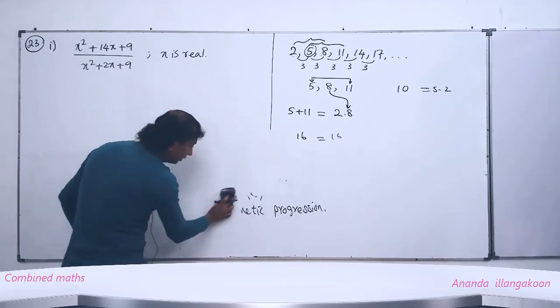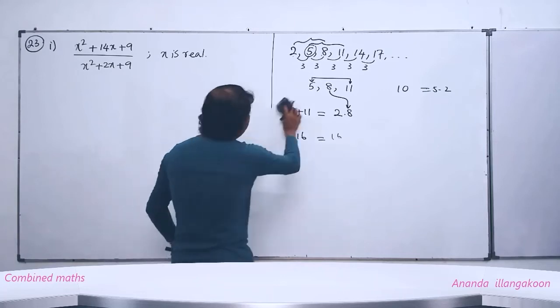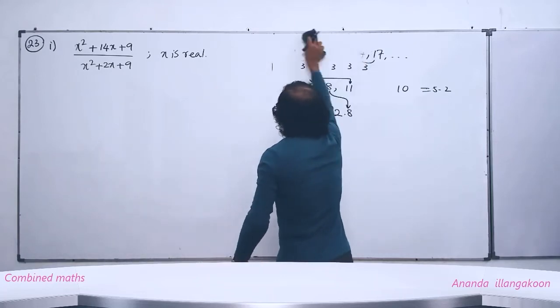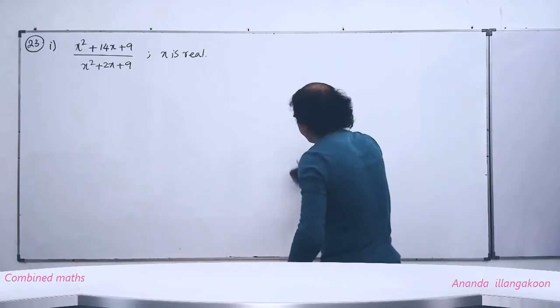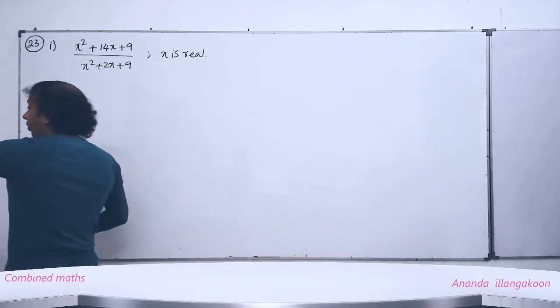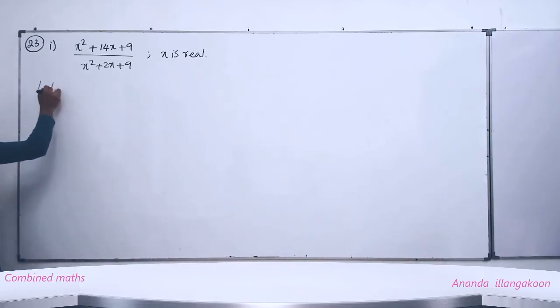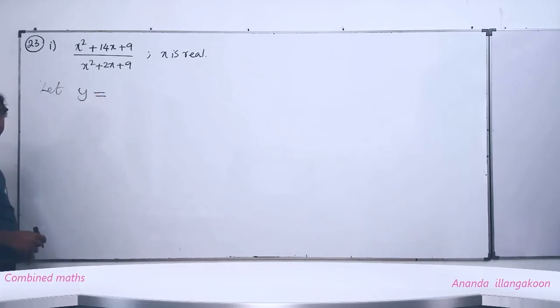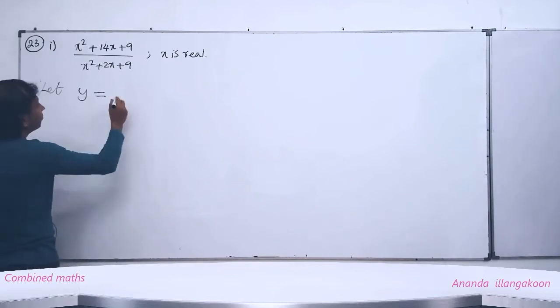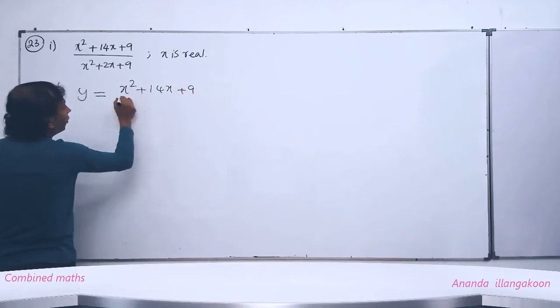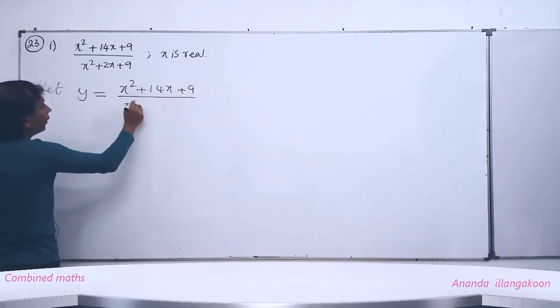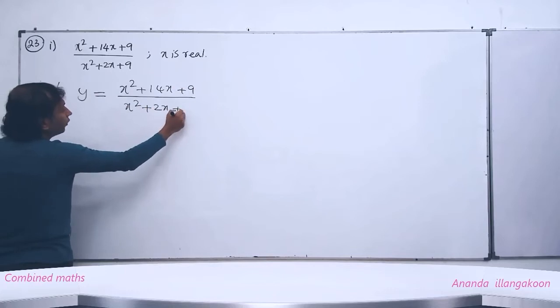Y is the answer we get when we simplify substituting real numbers for x. Let y equals x squared plus 14x plus 9 divided by x squared plus 2x plus 9.